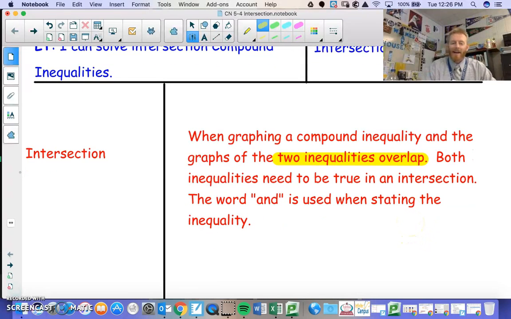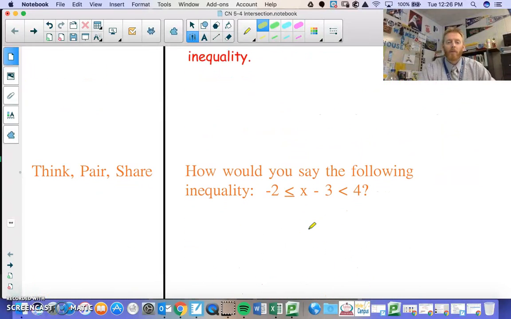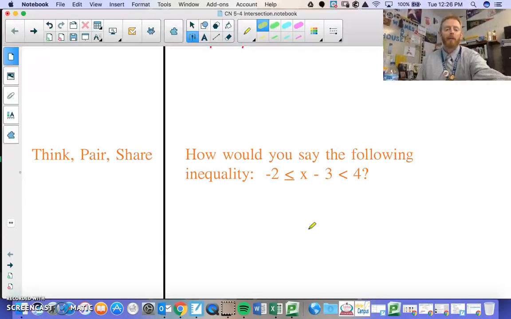The word "and" is what you're going to hear me using the most, because these are "and" types of compound inequalities. Our next lesson will be called unions, and they will be "or" types of inequalities, but this one's called "ands."